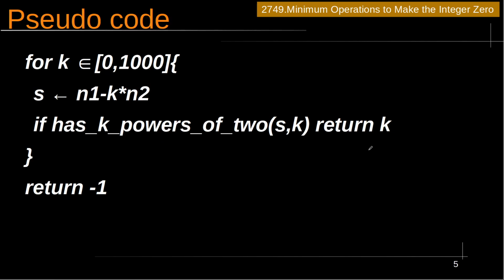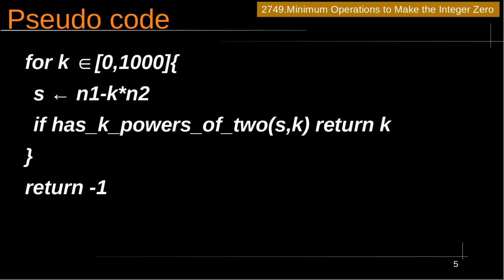Okay, let's see the first pseudocode. For example, I make k go from 0 to 1000. I compute S, which is equal to n1 minus k times n2 for each k.